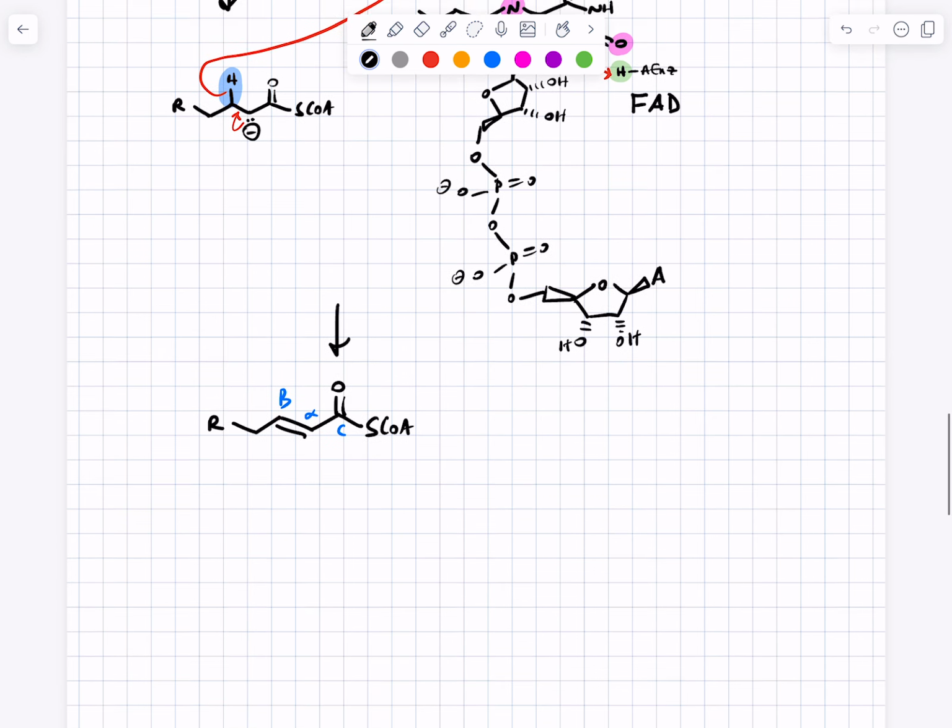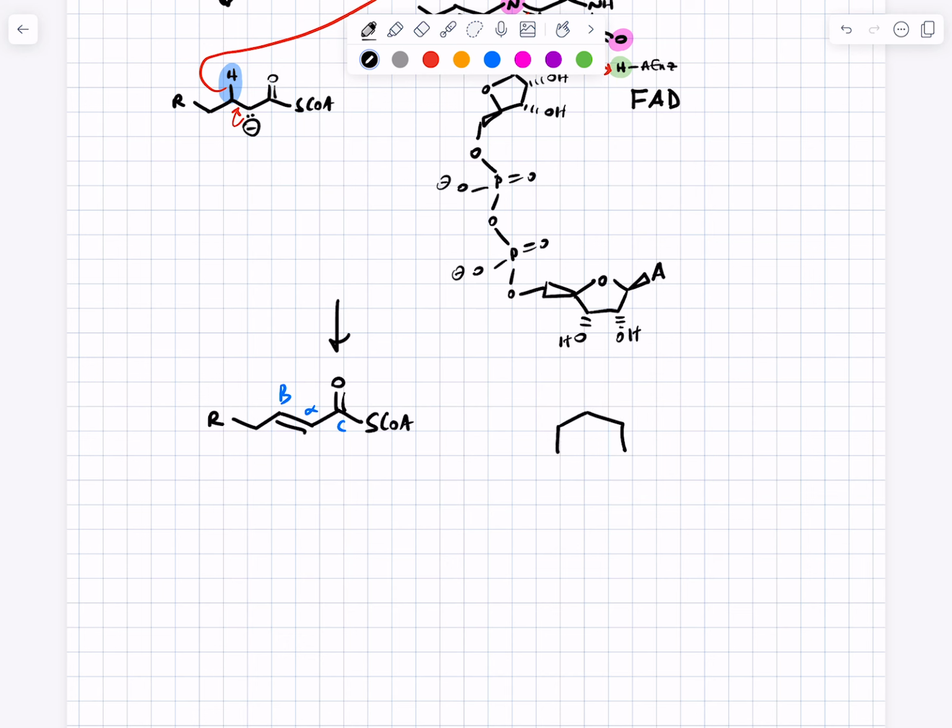And we now have FADH2. I'm just going to draw the flavin part of the molecule. R group here. This H that I just drew is the hydride that was delivered.